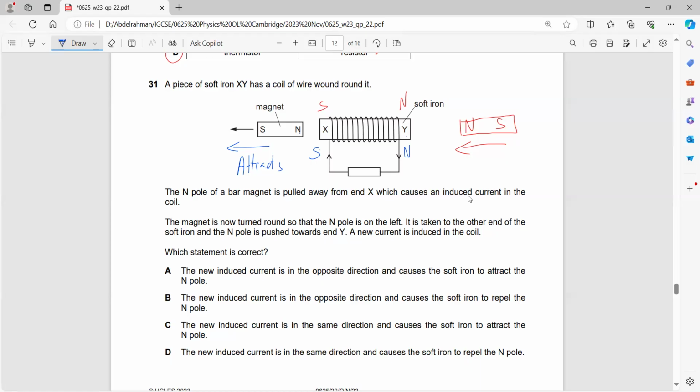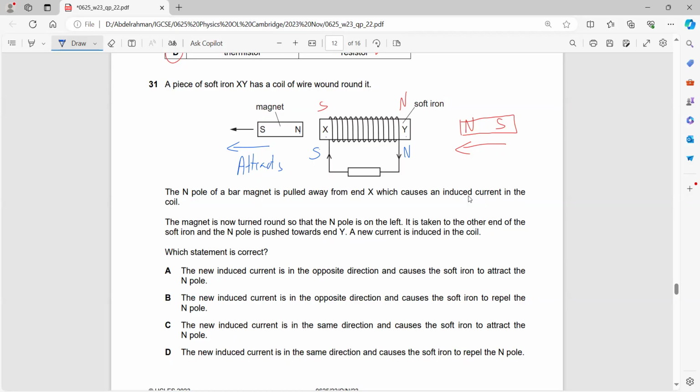Quite simple. Now we switched it and put it on the other side, and it's moving towards the coil. When it's moving towards the coil, what happens to the magnet? It repels.